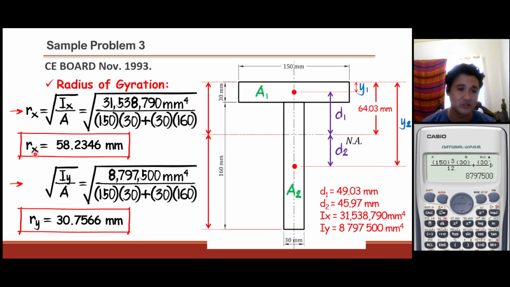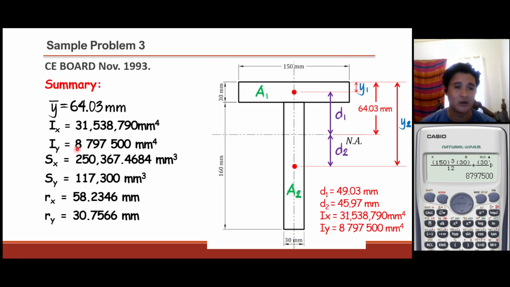At ganoon din yung radius of gyration with respect to y. Okay? So, square root of Iy over A, we will get yung value na 30.7566 millimeters. This is yung radius of gyration with respect to y. So, yan na yung for radius of gyration.